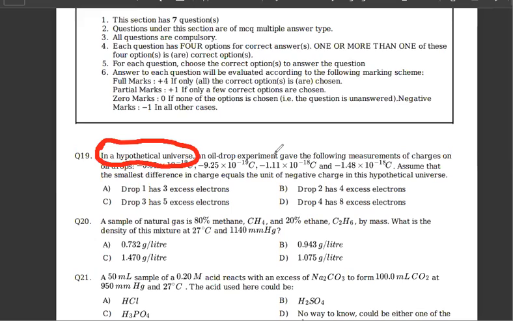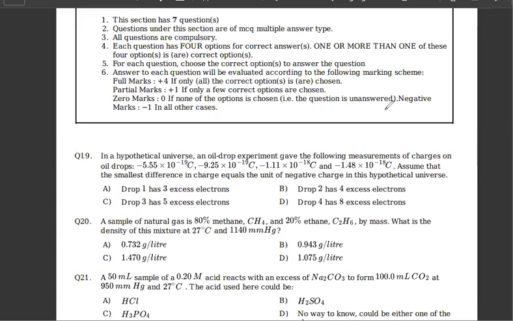So in this hypothetical universe, the charge of the electron is not 1.6 times 10 to the minus 19. Got it? So this was a perfectly fine question, and the first word clearly says that it is a hypothetical universe. So obviously you should not take the charge of the electron as 1.6. Okay, next.